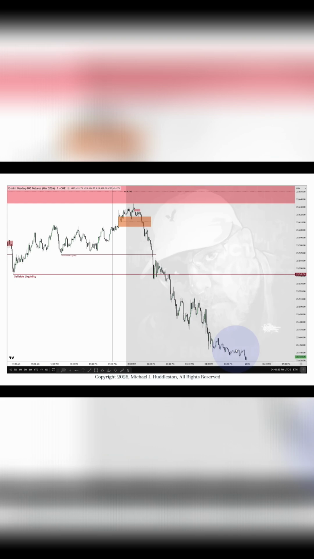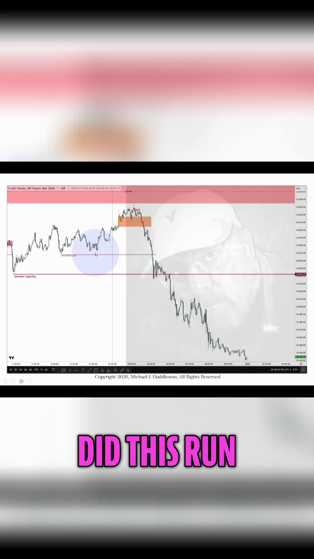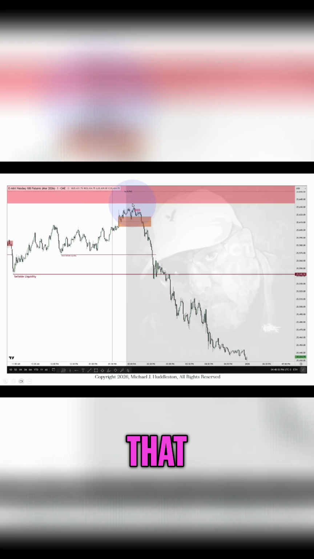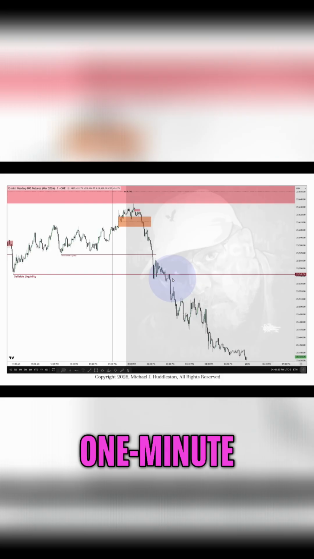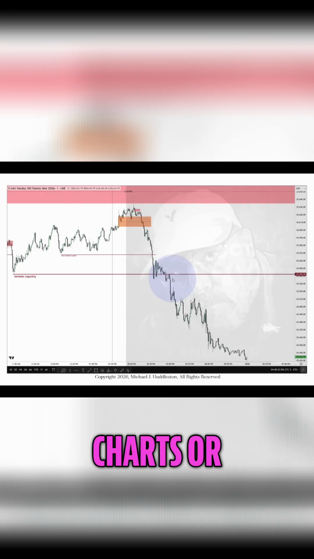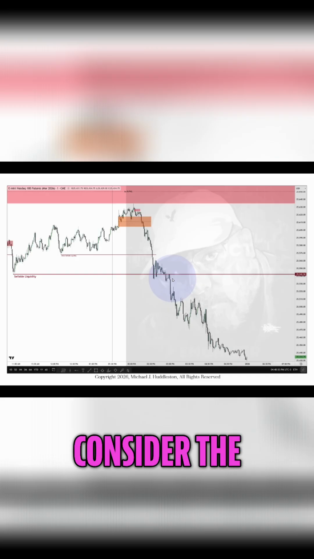Now, why did this run up here like that and then sell off? What makes that happen? If you're looking at just simply 1 minute charts or 5 minute charts or 15-minute charts or 1 hour charts, you're not going to get what you need. You have to have a proper top-down analysis, and you have to at least consider the daily chart.